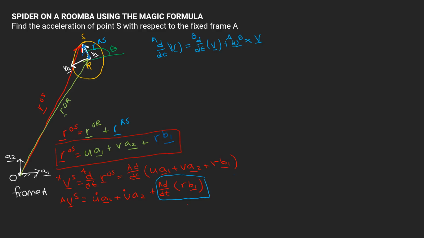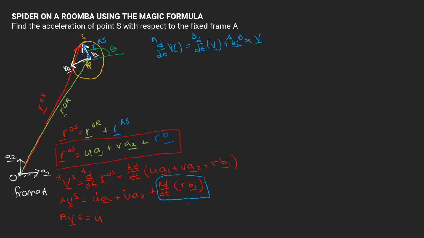So this portion here, I'm going to skip ahead slightly just because we went through this all in one of the prior videos. But ultimately you could solve this out and get the following.